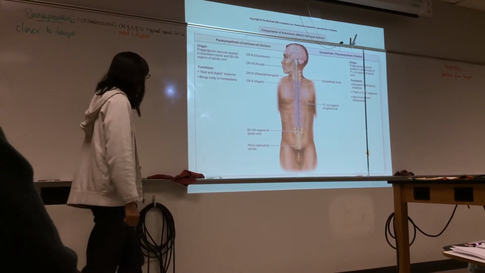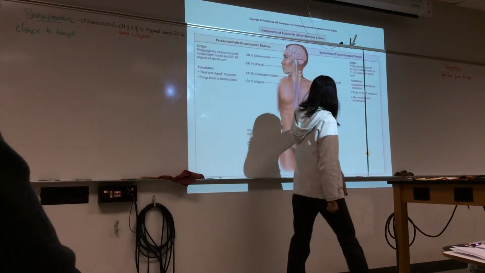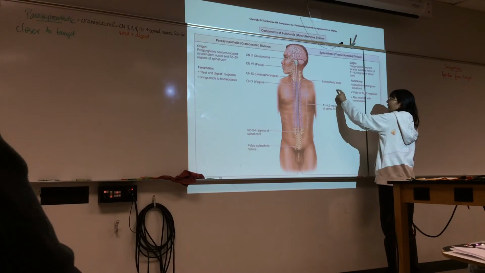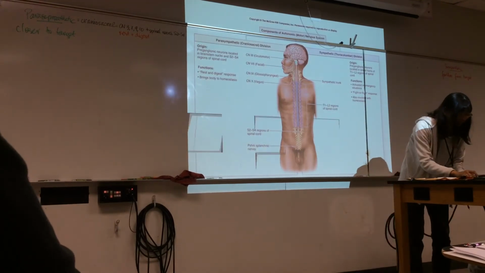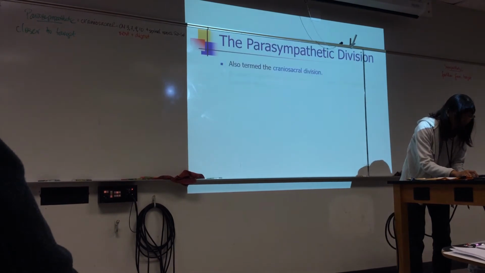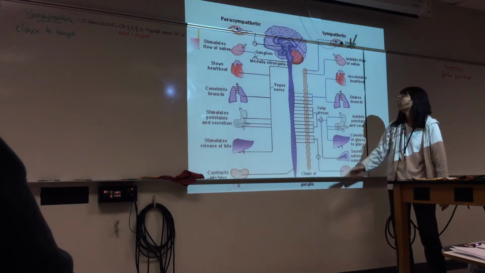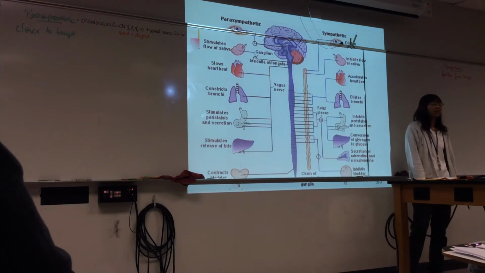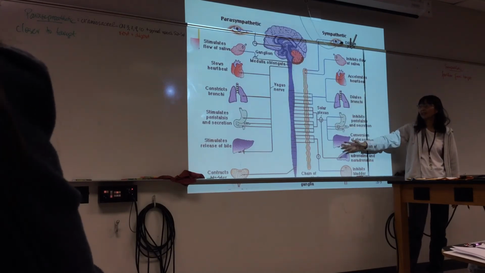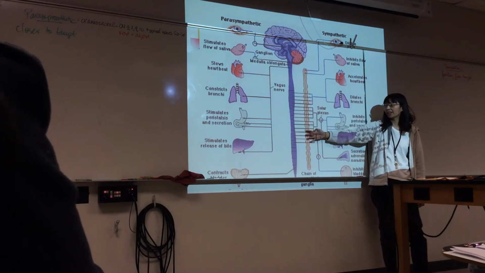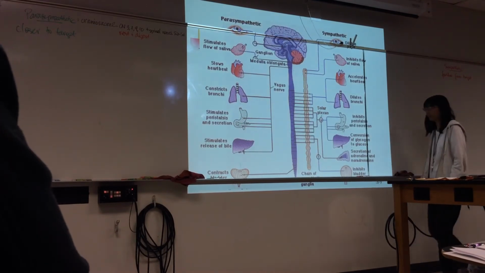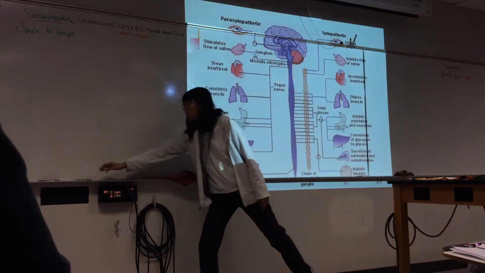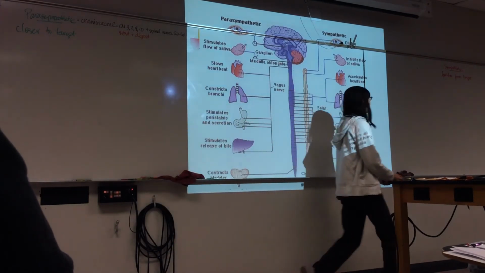Okay? Let's go to the other side. Sympathetic side. Remember that picture? It's not very clear here, that's why I like the picture. This picture. Where is it coming out of the CNS on the sympathetic side? Thoracic and lumbar. So the nickname here is what? Thoracolumbar.